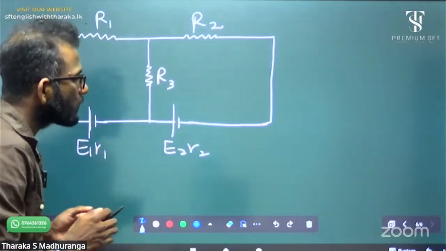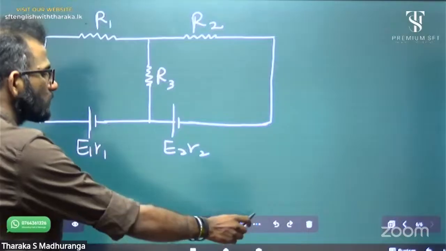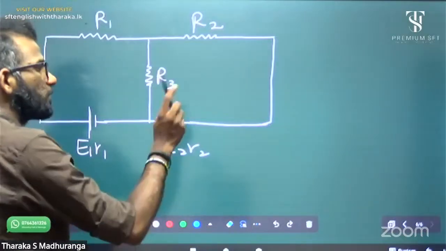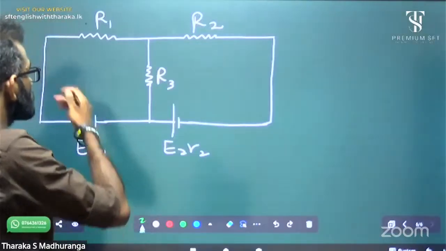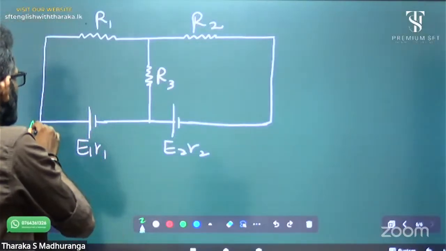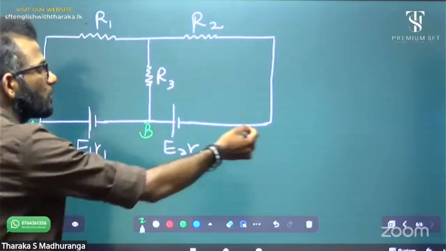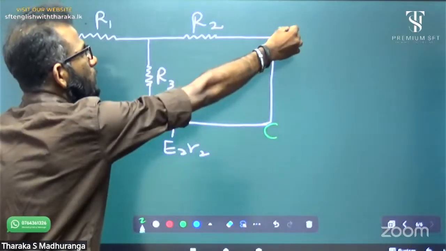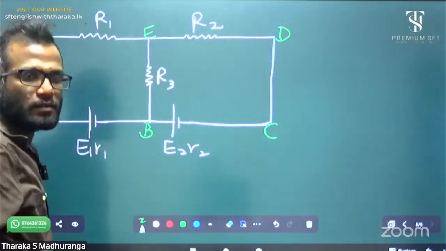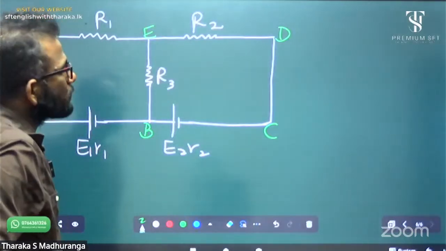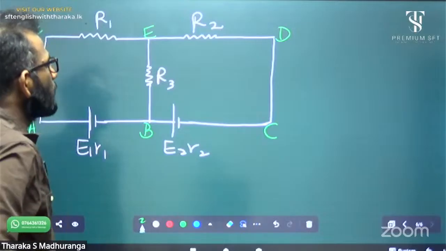Okay, I will explain. First, I'm going to label this circuit: A, B, C, D, E, F. This is the circuit labeling method.